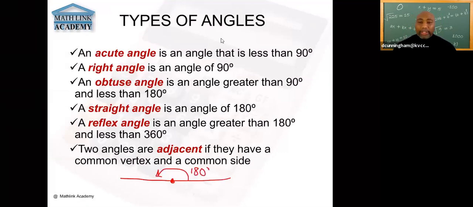Whenever you have a straight line, two angles that make a straight line add up to 180 degrees. A reflex angle is greater than 180 but less than 360. Two angles are adjacent if they have a common vertex and a common side. I'll talk about that more and show you some examples.